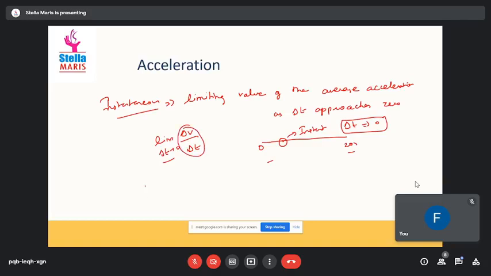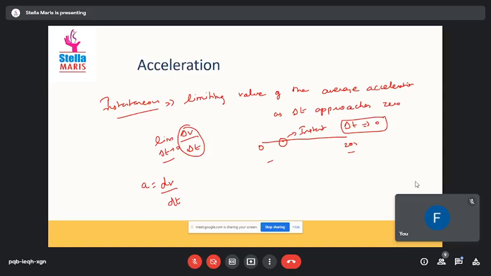So what happens here? Anybody? Instantaneous acceleration becomes, when we apply limit to the average acceleration, what happens? Okay, it becomes dv by dt, the differential coefficient of velocity with respect to time. You understand this?